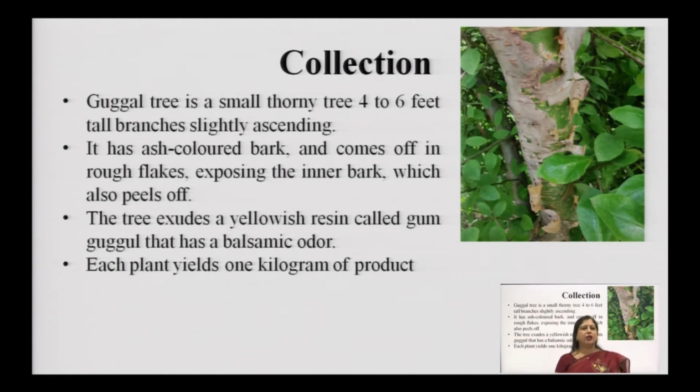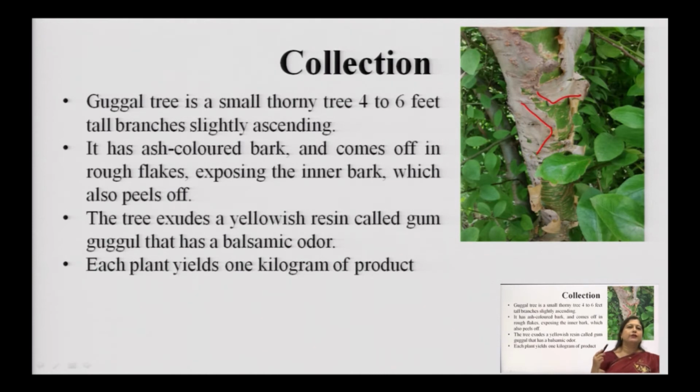So, this is the picture you can see of the tree of Guggul, and if you look at it clearly, you will see that the bark gets removed on its own. It is a thin bark, slightly greyish in color, and when you look inside there is a green colored stem visible, and when a cut is made in that stem, the yellowish colored resin starts oozing out, which is known as gum guggul, and it has a very good balsamic odor.